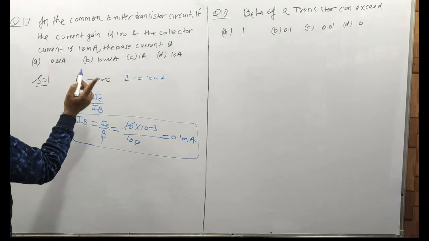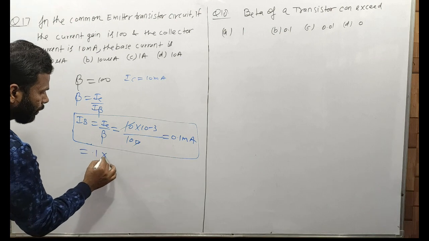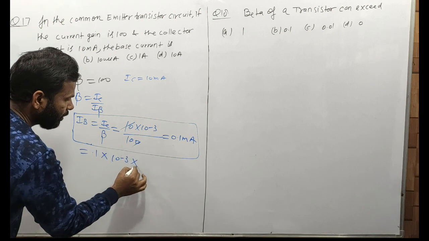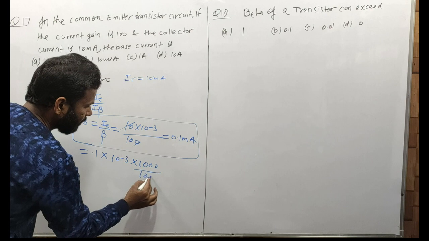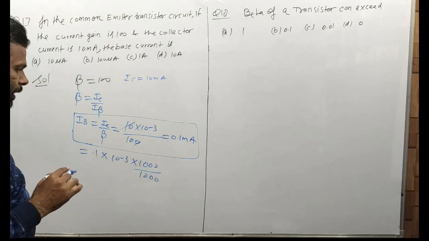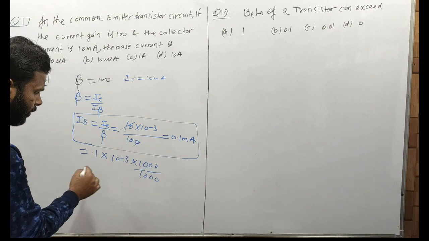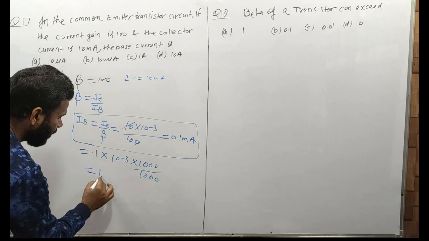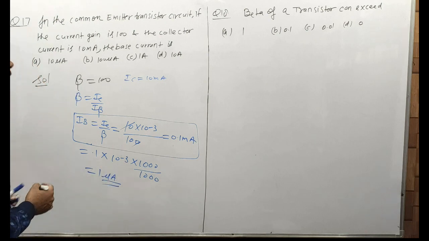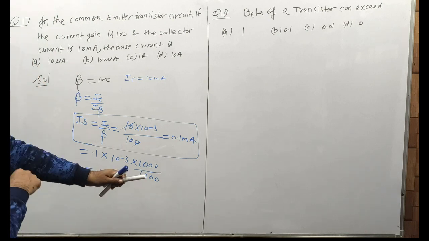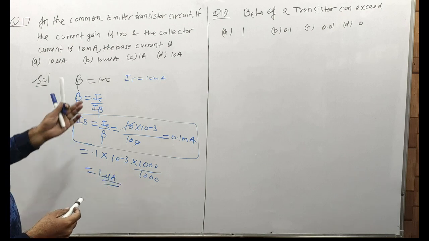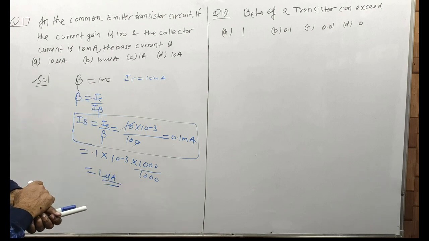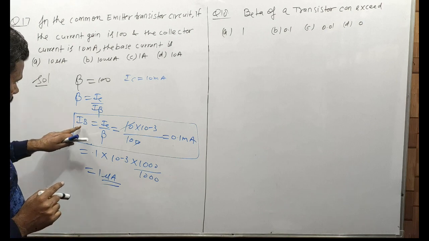Now 0.1 is not given, so 0.1 into 10 की power minus 3 multiplied by 1000. So it is just 1 microampere. Clear? So 1 microampere is not given in any option. Let me correct one more time.